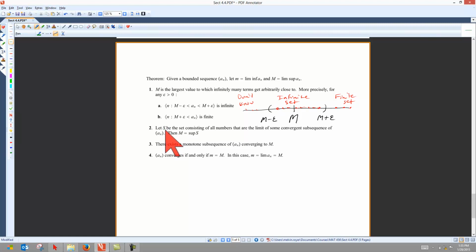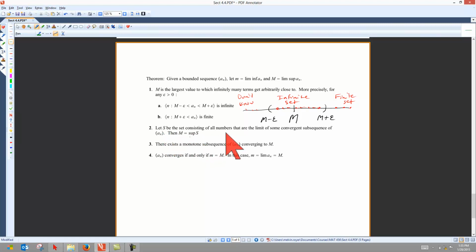Let's take all of those limits that we found and throw them together into a set S. Then the biggest element in that set, the biggest limit point, or the supremum of the limit points if there are an infinite number, is the limit superior. So another way of thinking about the limit superior is it's the supremum of the limits.